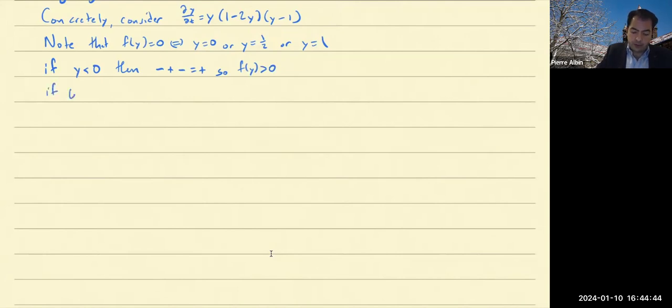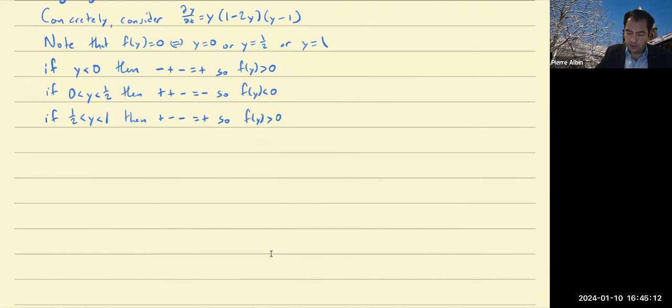If y is in between 0 and 1/2, then we'd have positive, positive, negative, which would be negative. If we're in between 1/2 and 1, then positive, negative, negative, which is positive. And then finally, if y is greater than 1, then positive, negative, positive, negative. So f of y is negative.